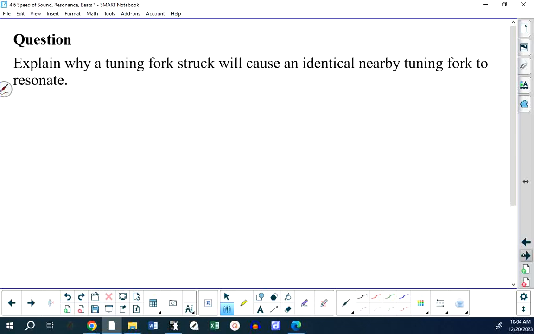No more. Is there sound coming out of here? There is. There's not a lot, and it'll hang on for a while.